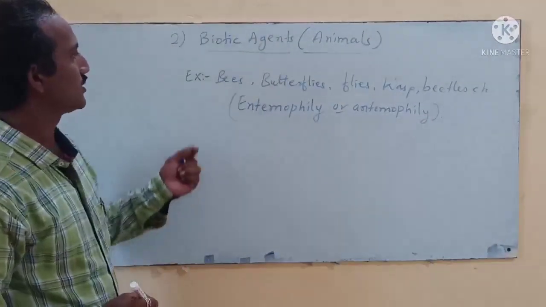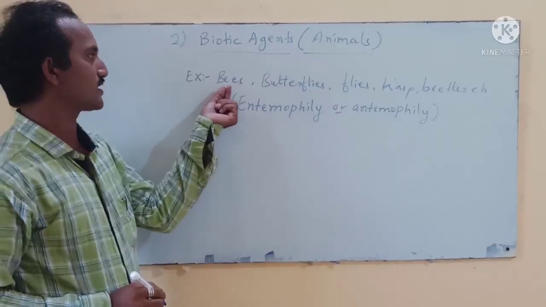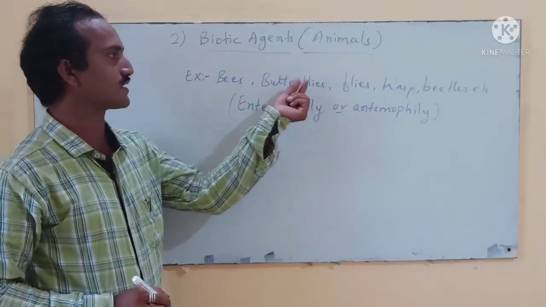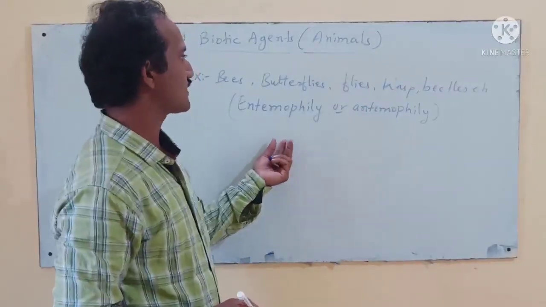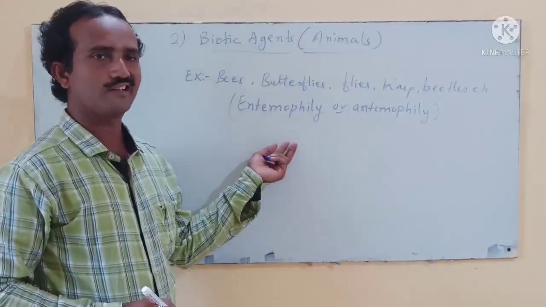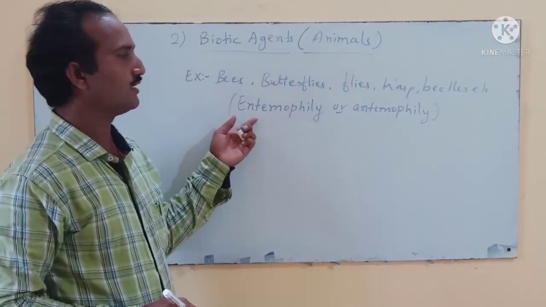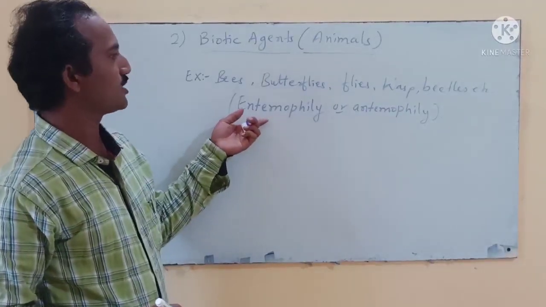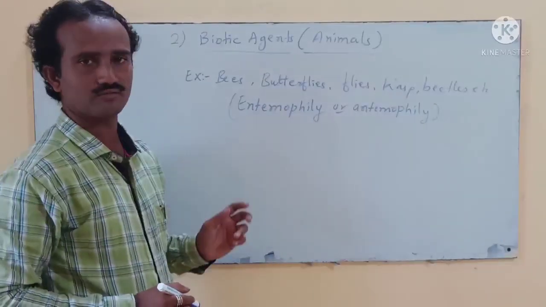The pollination takes place through insects, that is bees, butterflies, flies, wasps, beetles, etc. All types of insects will carry out the pollination. That type of pollination is called pollination by insects or entomophily. You can write it down like that.